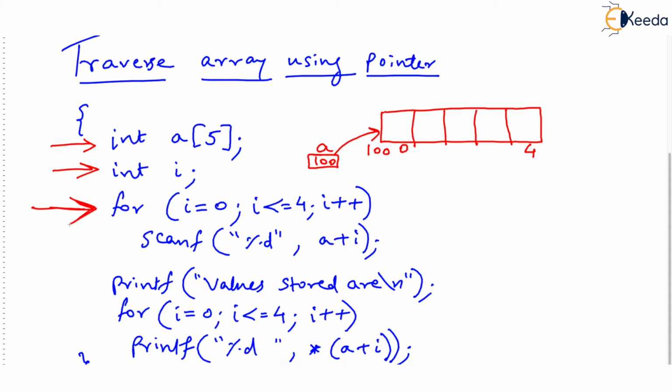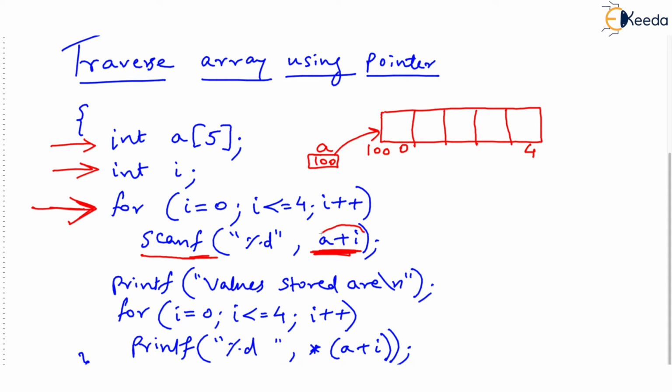It starts the counter I from 0 and takes it up to 4. If I is 0 initially, then this scanf will run, and the scanf is scanning the value of A plus I. But what is A plus I equivalent to?